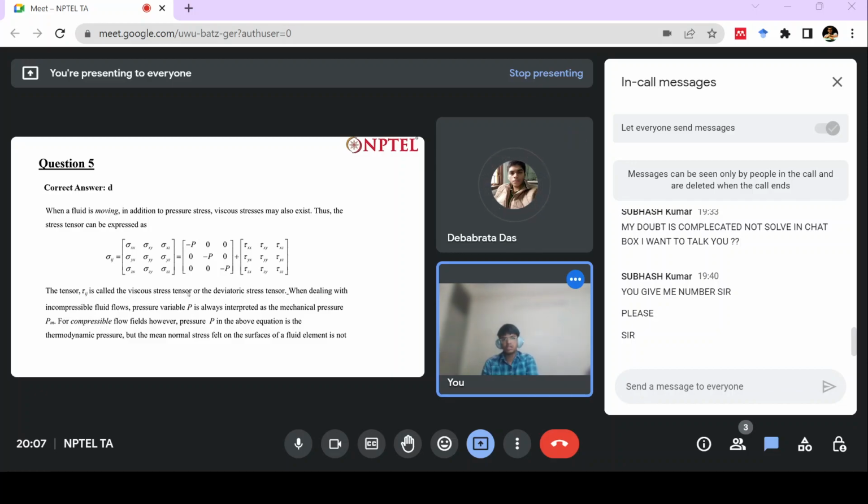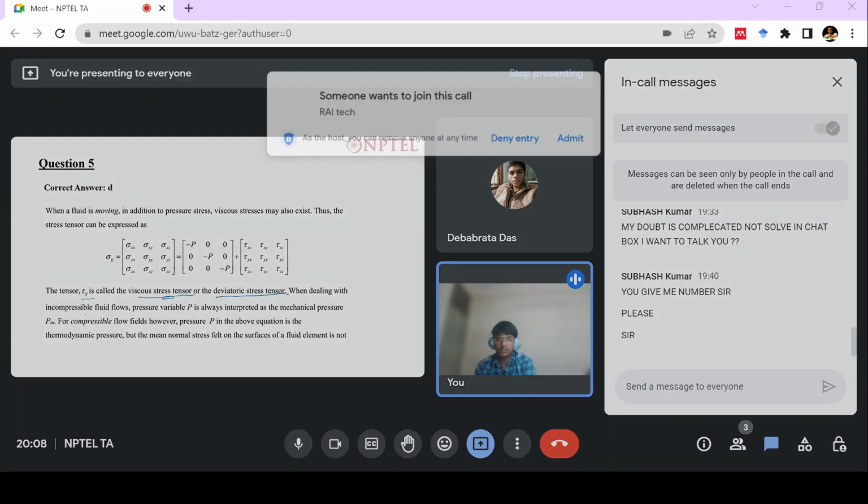So here the same thing is explained. The explanation is given. This is called your viscous stress tensor or deviatoric stress tensor that we discussed.